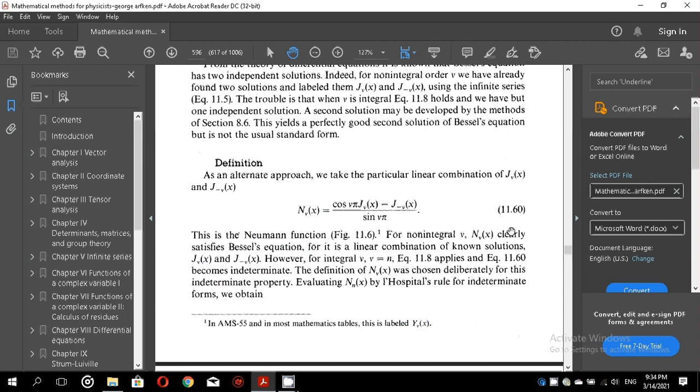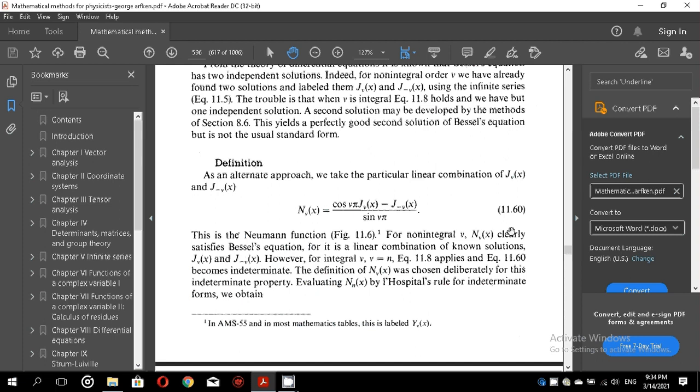But if nu is an integer, then you see that both the numerator and the denominator become 0. So the Newman function becomes indeterminate.